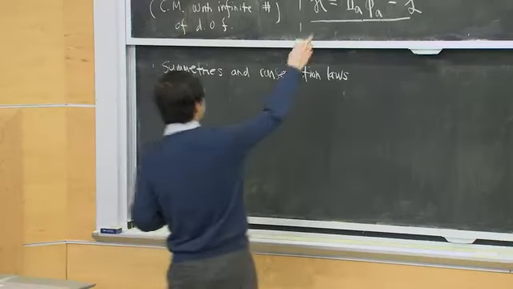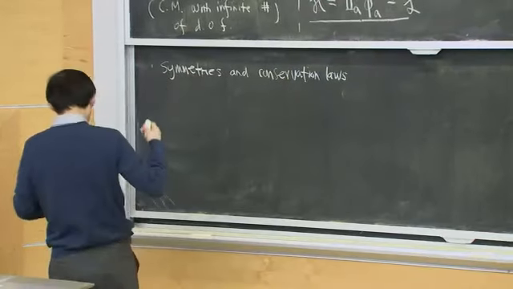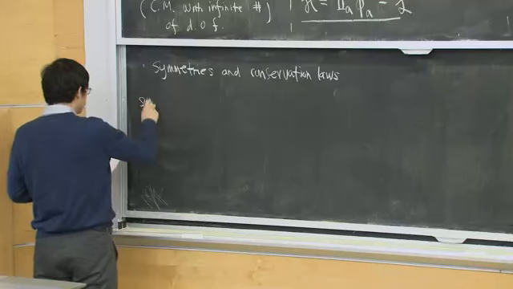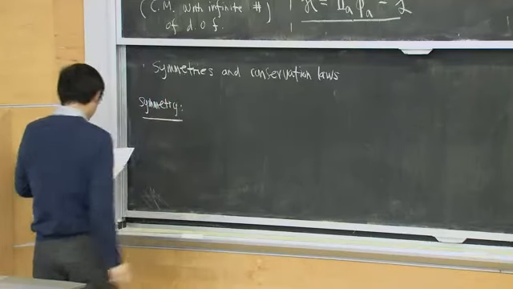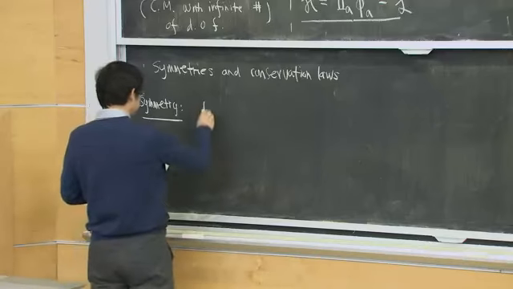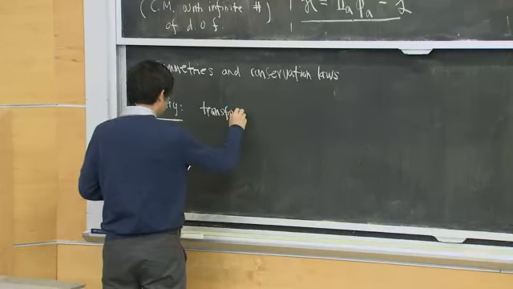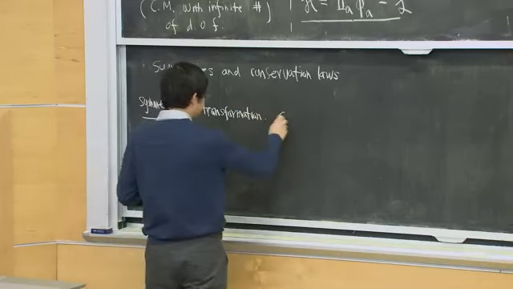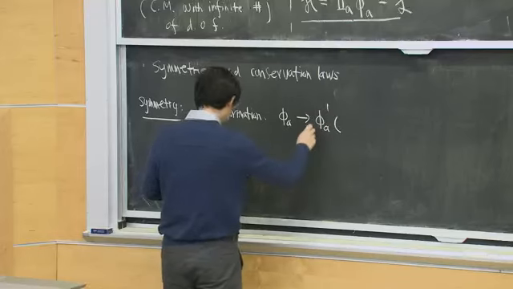So when we have a theory, say with such an axiom, we say the theory has a symmetry. So the definition of the symmetry is the following. A symmetry is some transformation of each field phi A into, say, some function of phi.